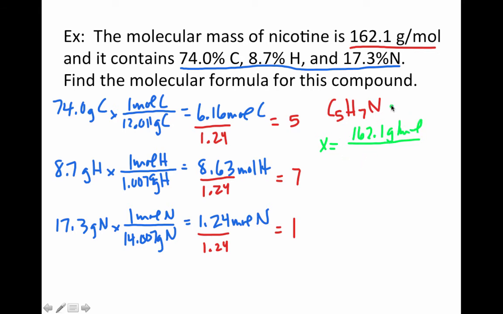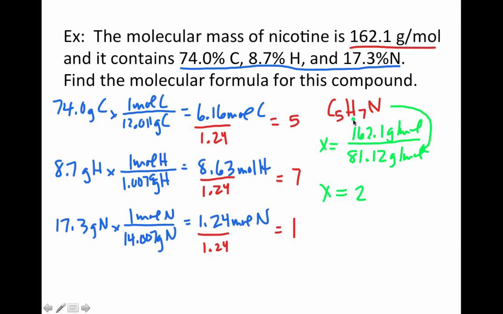I'm going to do the molar mass of the empirical formula on the bottom, so I'm going to have to add that up and put it on the bottom. And that comes out to 81.12 grams per mole. So if you look at that math, 162 divided by 81 is going to be 2.